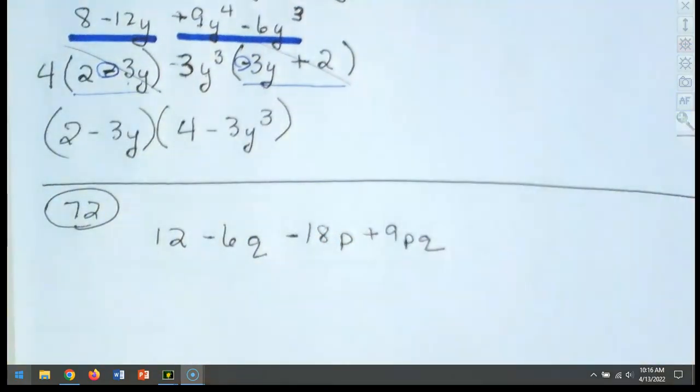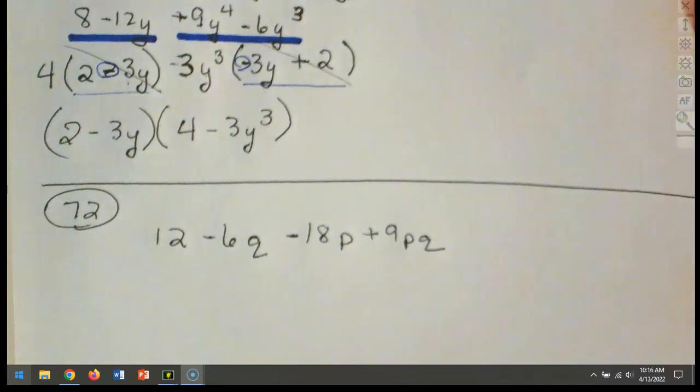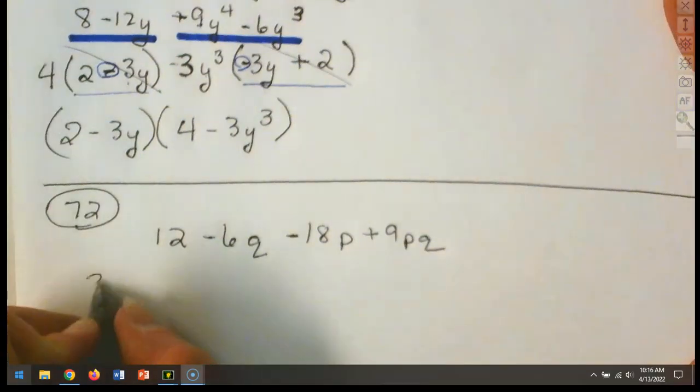When I look at all of these, I've got a 12, a 6, an 18, and a 9. All of these have what number in common? 3. Okay, so always check first to make sure nothing comes out. That's step number 1 and the most important. If there is something in common, it must come out to make this work correctly. So these all have a 3 in common.